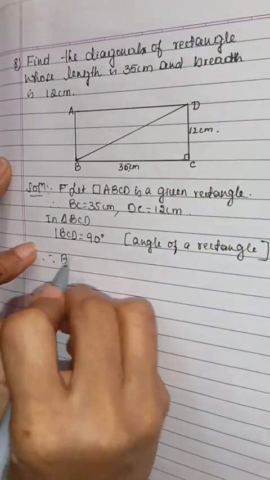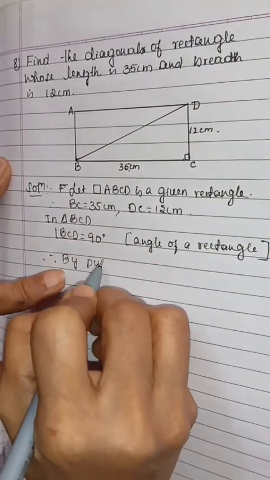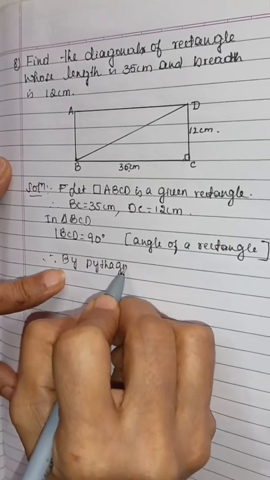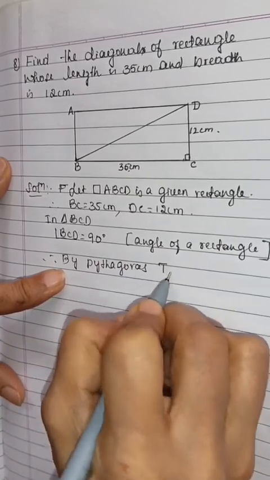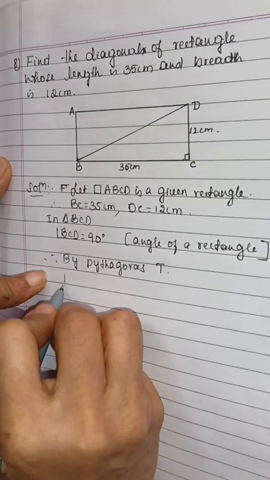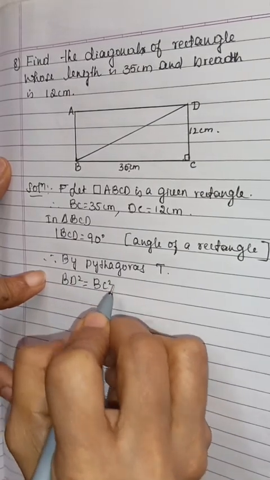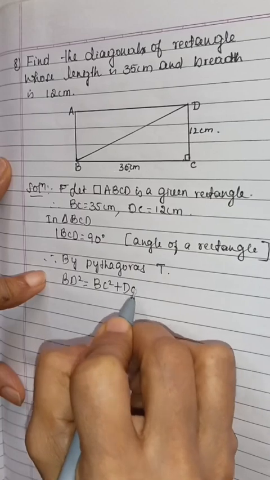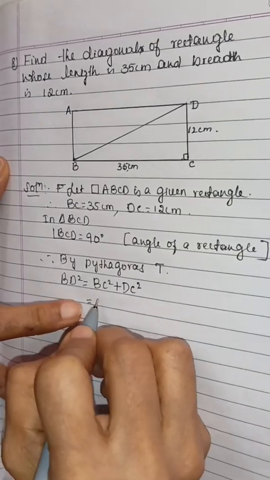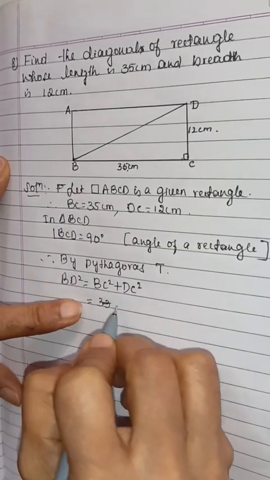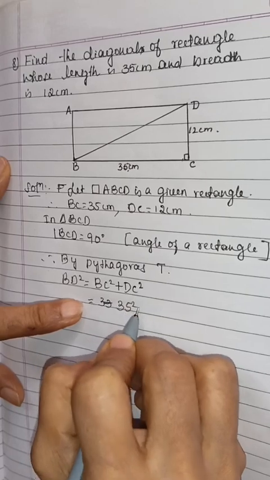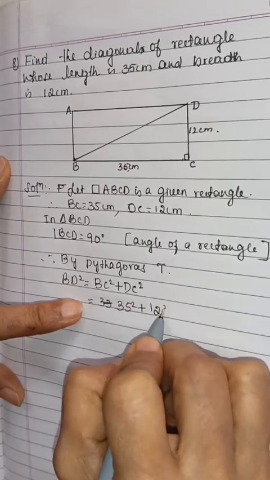Therefore, by Pythagoras theorem, BD square equal to BC square plus DC square. BC is 35 square plus DC is 12 square.